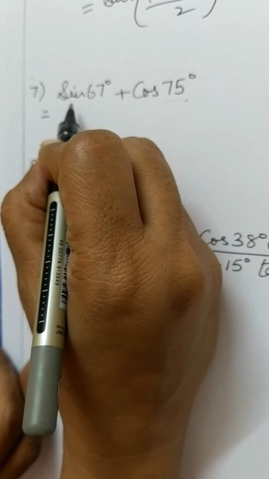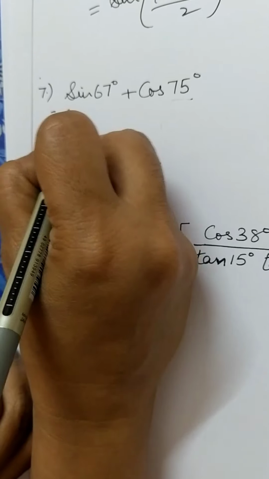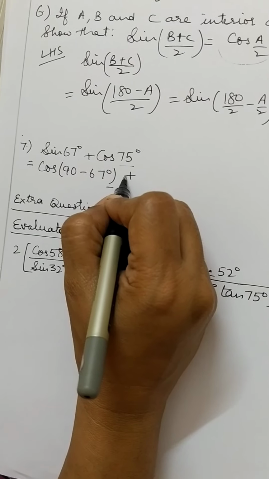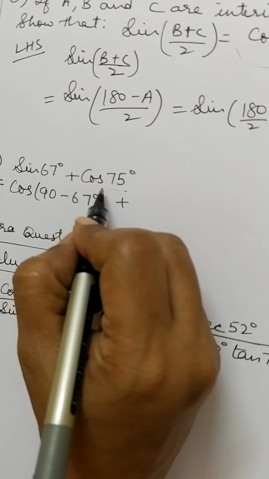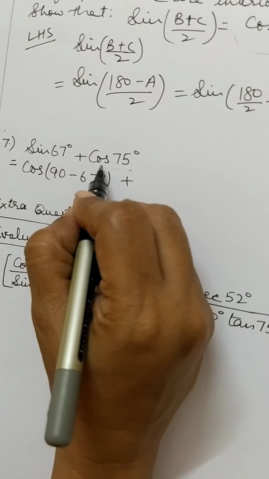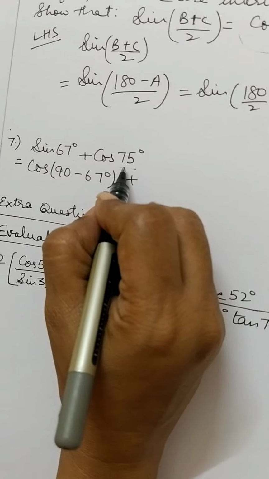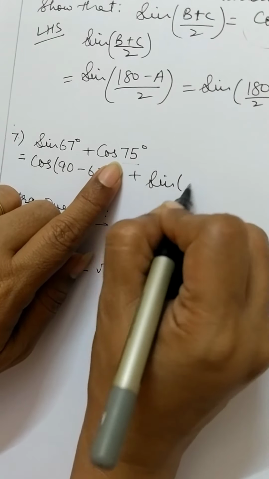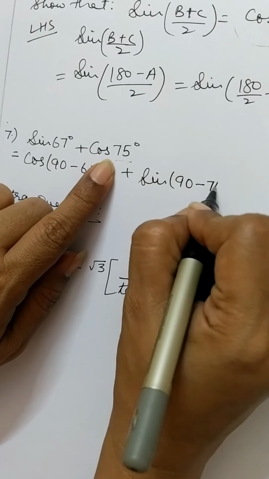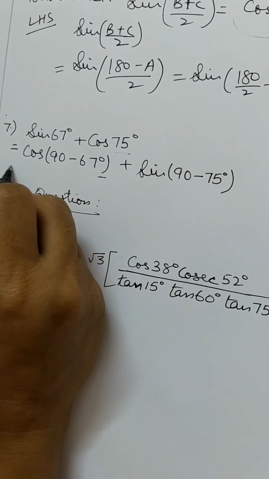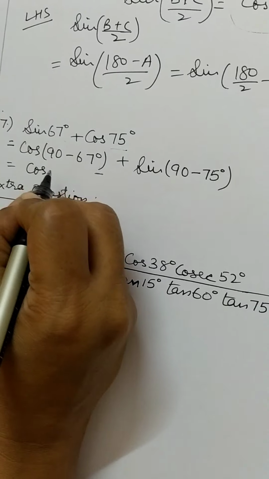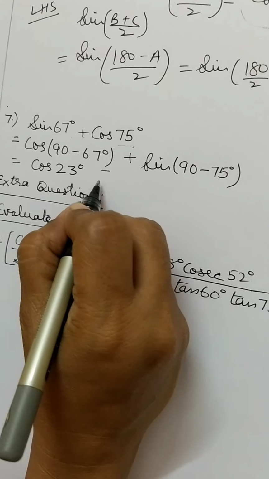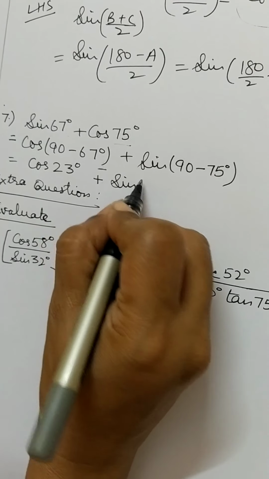So in place of sin 67 degree, we can write cos (90 minus 67) degree, plus cos 75. We know that cos theta can be written as sin (90 minus theta). So in place of it we can write sin (90 minus 75). So it becomes, because 90 minus 67 is 23, cos 23 plus sin 15.